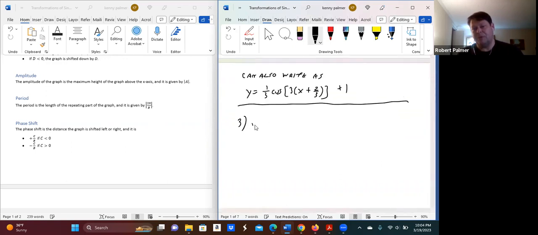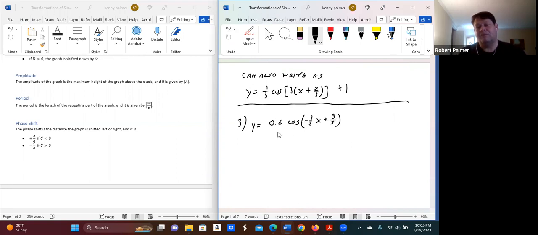Number 3, another cosine graph. y is equal to, now we can also use decimals here as well, let's do 0.6 times the cosine. And this time let's do -1/2 x plus 3/5. And this time no shift.